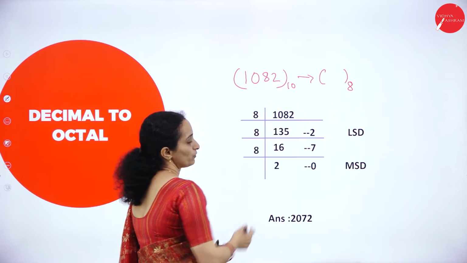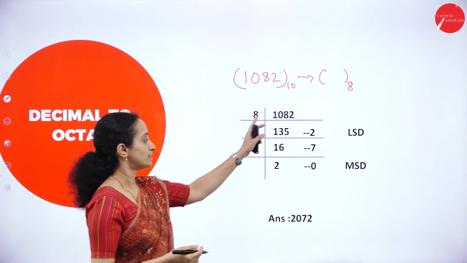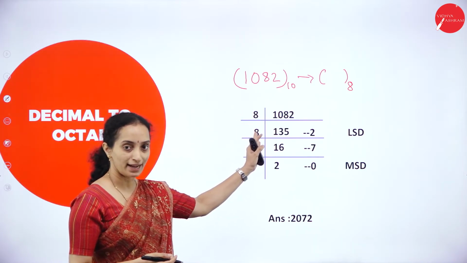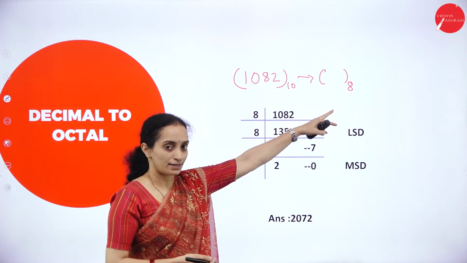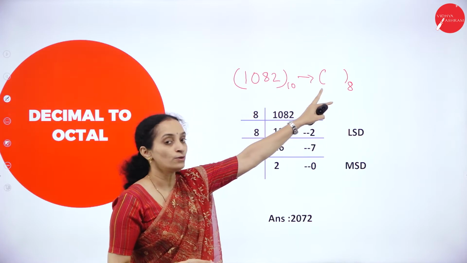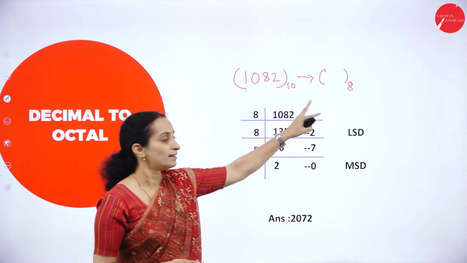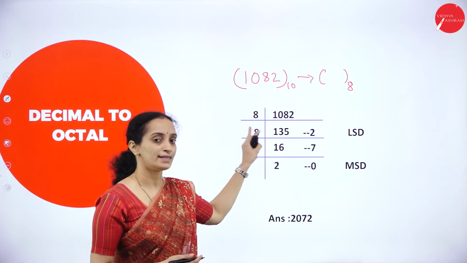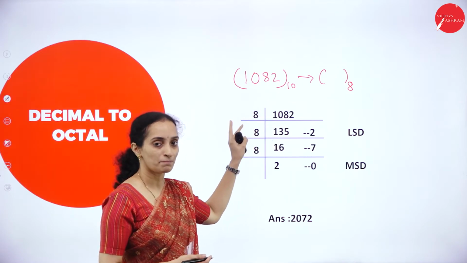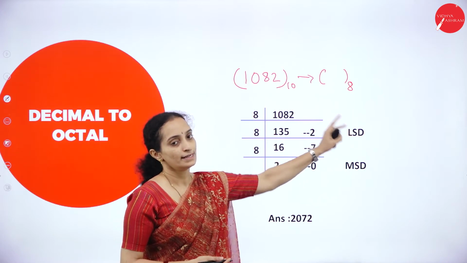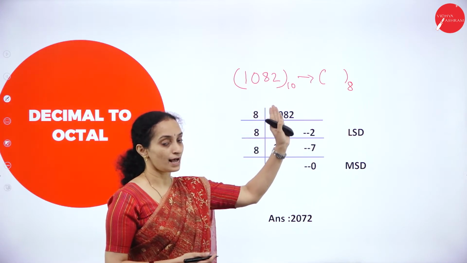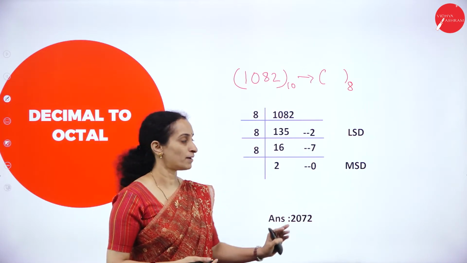Again, we have to perform 1082 divided by 8. Since we are converting to base 8, that's why we are dividing the number by 8. Okay. Remainder is 2, the least significant digit, the last digit that will be added in the number.